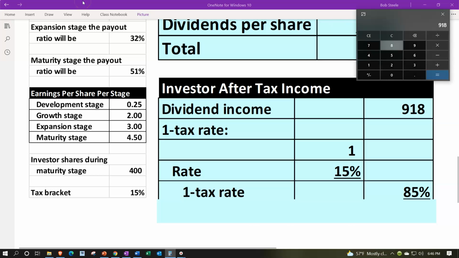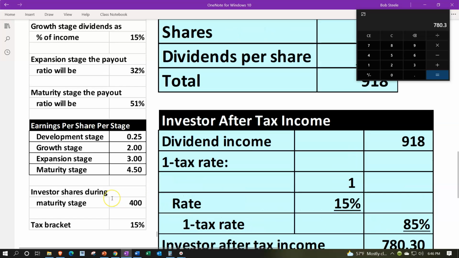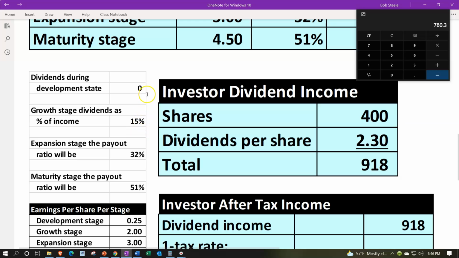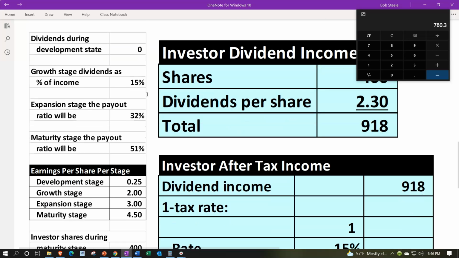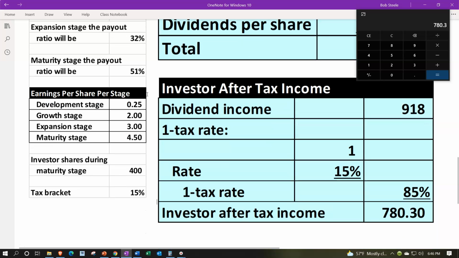So if we take this 918 times the 0.85, we're going to be holding on to, as the investor, $780.30. So that's going to give an idea of, in general, what you would expect with regards to the dividend policy over the life cycle of a business, and what the impact of that could be from an investor standpoint as well.